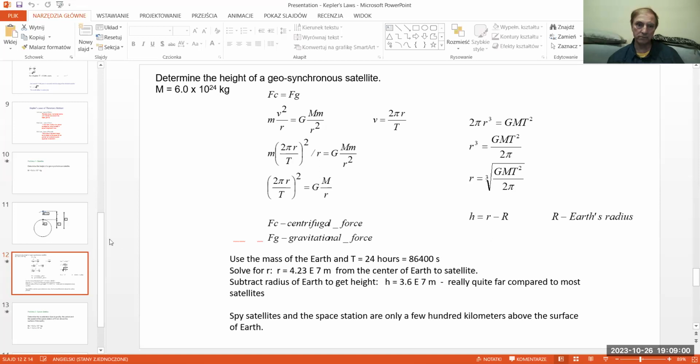In order to do so, we need to equalize the centrifugal force and the gravitational force, because the two forces are the same.